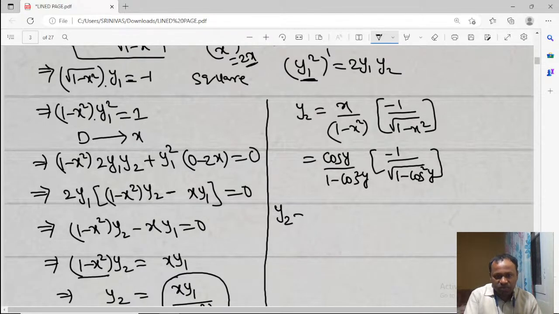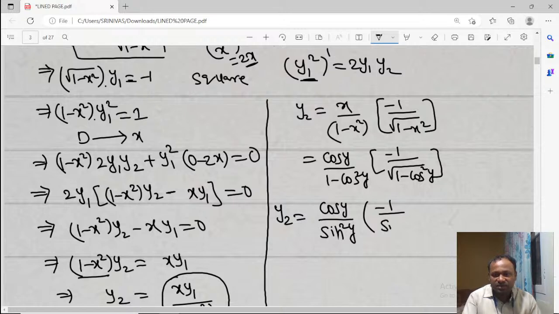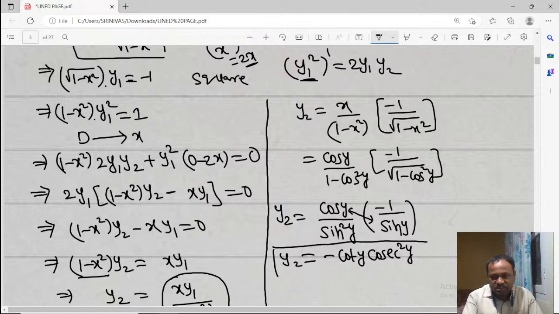So y2 is equal to cos y divided by 1 minus cos square, which means sin square y, into minus 1 by under root of 1 minus cos square, which means sin y. That is equal to minus cos y by sin y into 1 by sin square y, that is minus cot y, and 1 by sin square is nothing but cosec square y. This is y2 in terms of y.